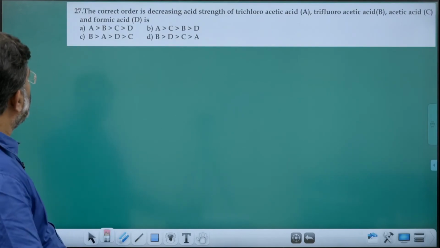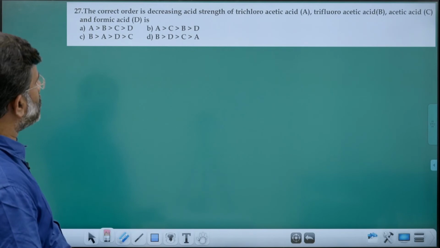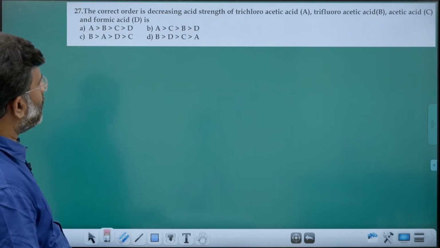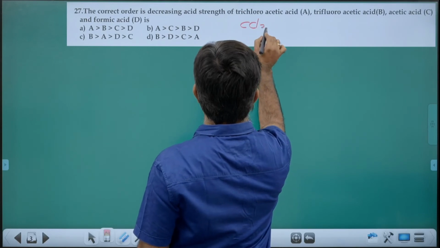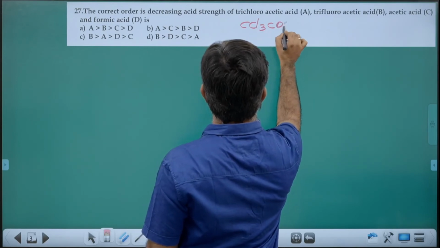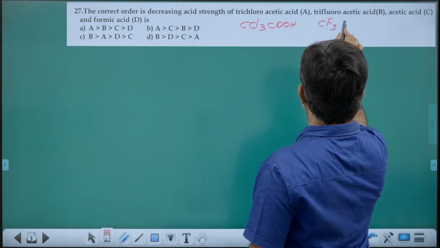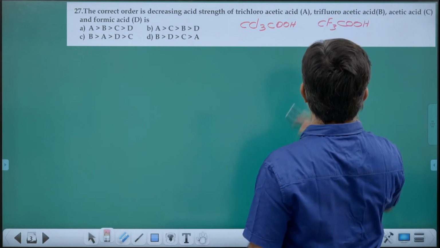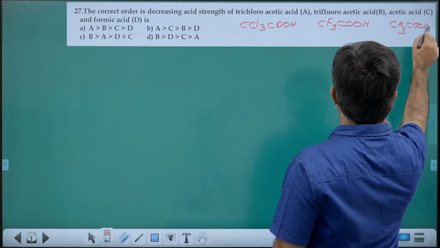Next, correct order of decreasing acid strength. Trichloroacetic acid, trifluoroacetic acid. Trichloroacetic acid, CCl3COOH. Trifluoroacetic acid, CF3COOH. Acetic acid, CH3COOH.